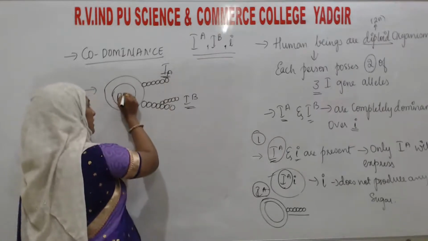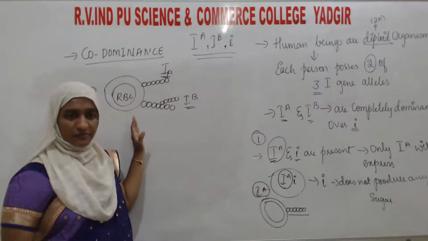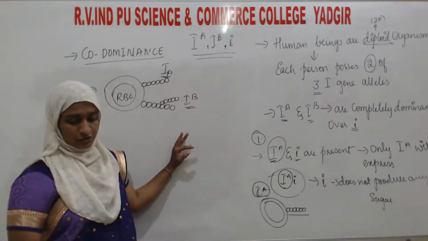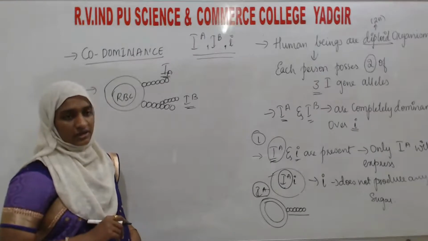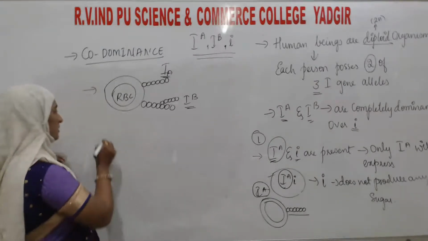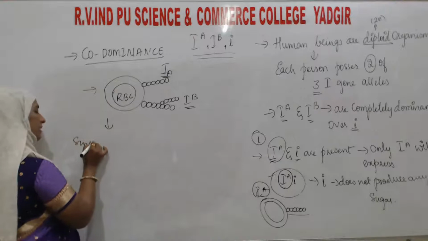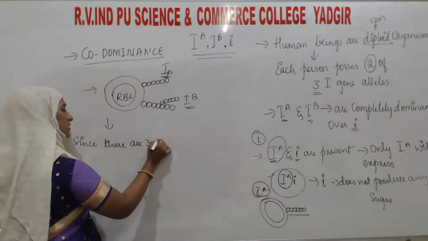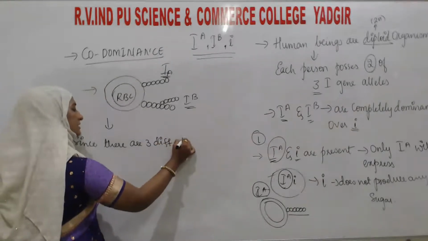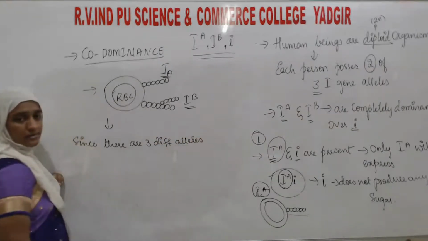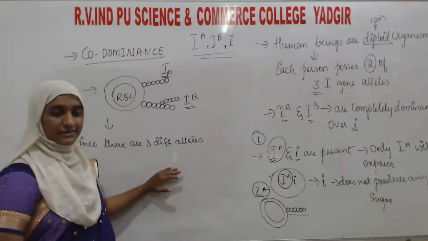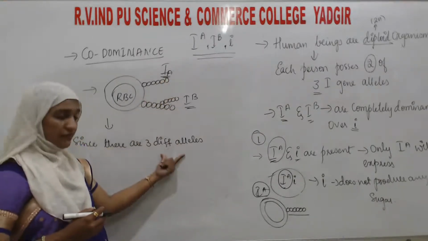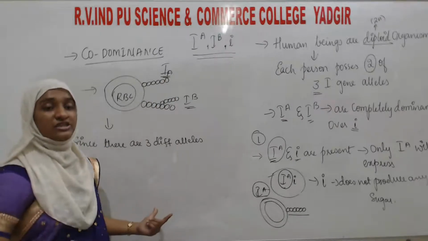If the RBC has both types of sugar, A and B, since there are three different alleles, how many combinations are going to form?